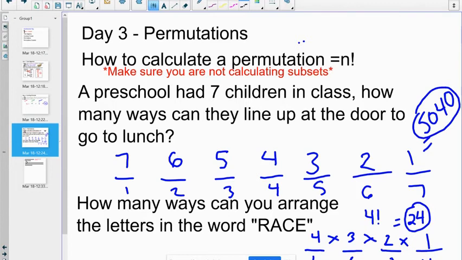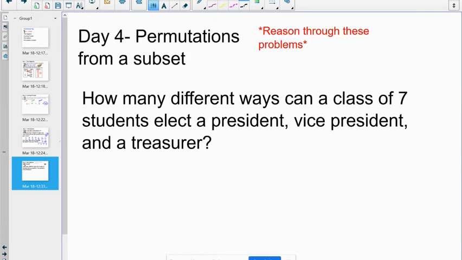Those were just the permutation examples. But now for this last one, we're doing permutations from a subset. Remember, we want to reason through these problems. It's asking how many different ways can a class of 7 students elect a president, vice president, and treasurer.